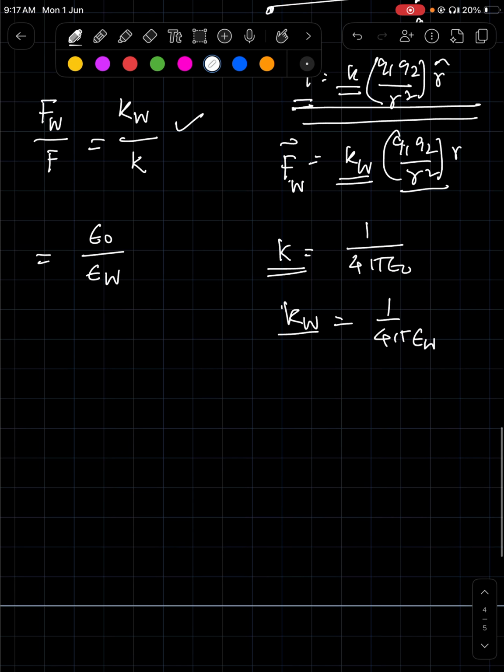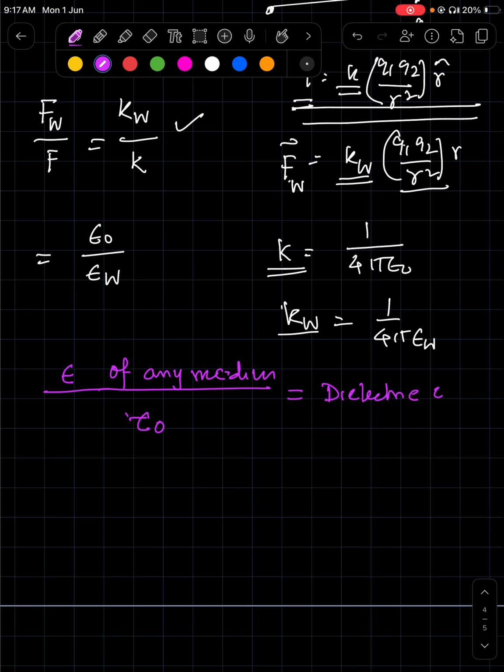Now we have to know another very important definition in electrostatics, often asked in various competitive exams to calculate the force in a different medium. The permittivity of any medium divided by the permittivity of air or vacuum is called the dielectric constant of the medium.